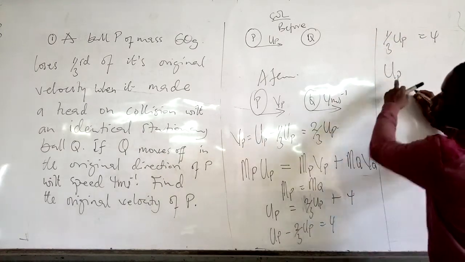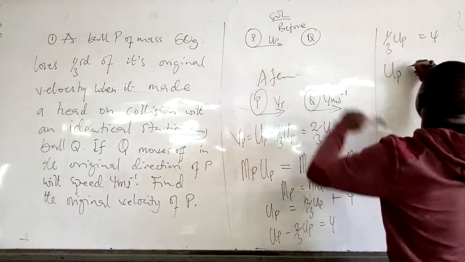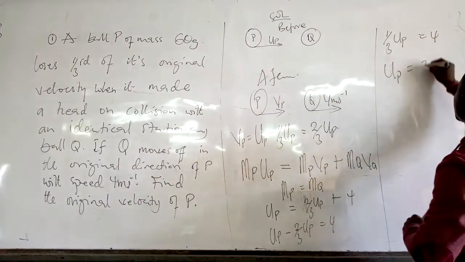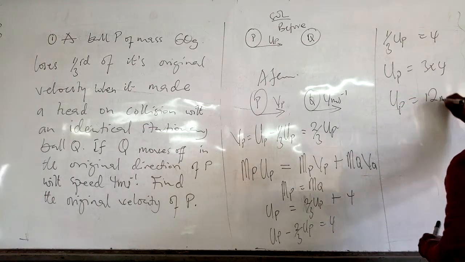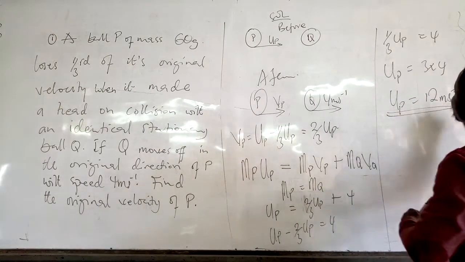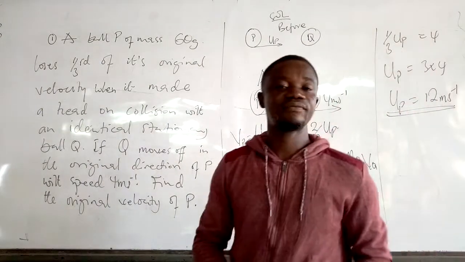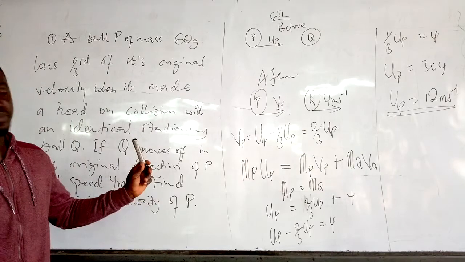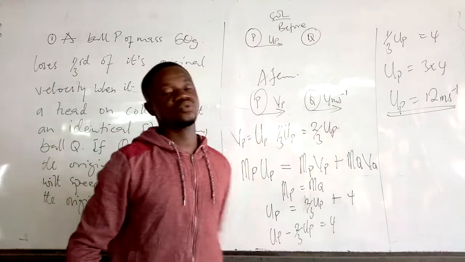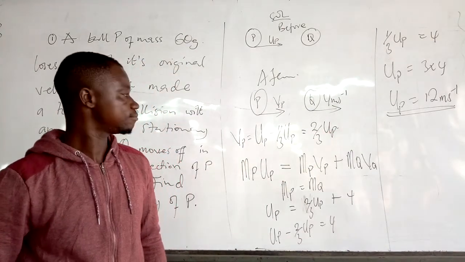Therefore, UP, which is the original velocity of P, is equal to 3 times 4. That is equal to 12 meters per second. It means that the original velocity of P is 12 meters per second.